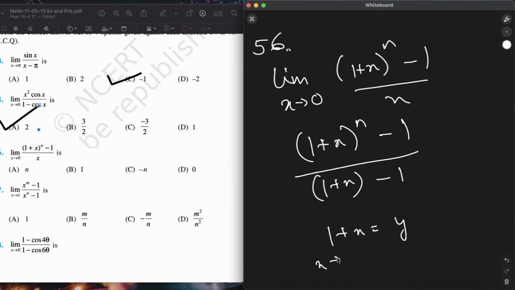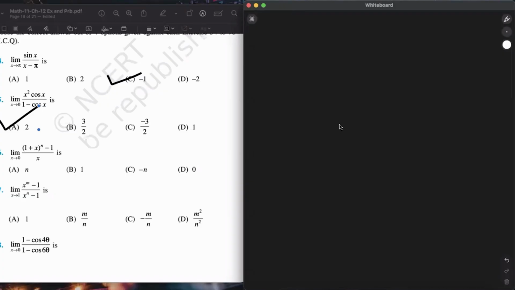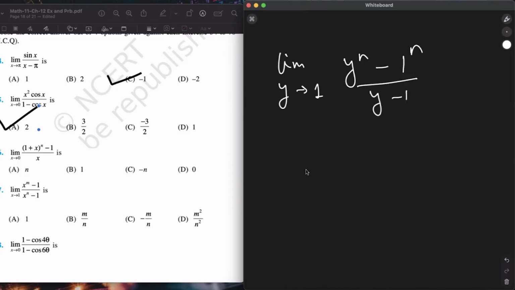So when x tends to 0, y will tend to 1. My new limit, y tends to 1, of (y to the n minus 1) over (y minus 1). That is nothing but n. So the answer for this one is A.